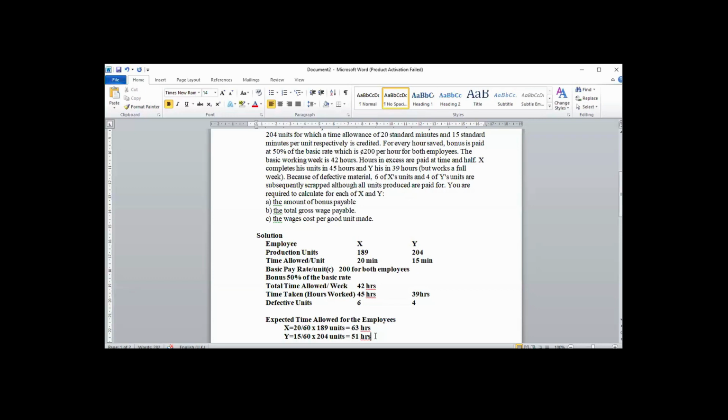The normal hours given to them for the whole week is 42 hours. They are meant to work for 42 hours in a week, and the expected time that they're supposed to use is 63.